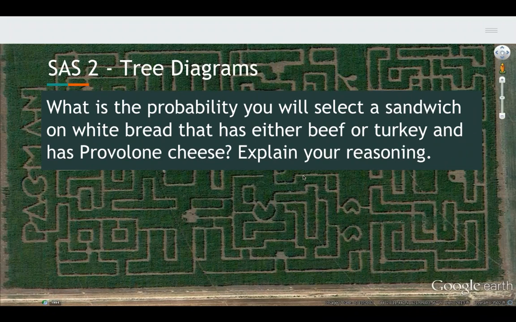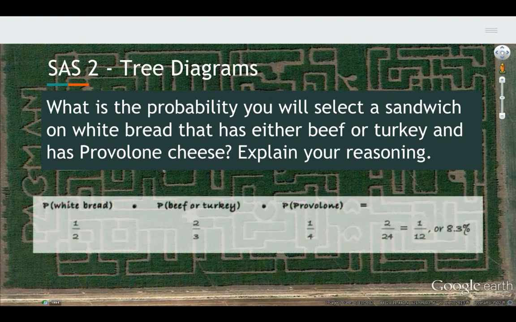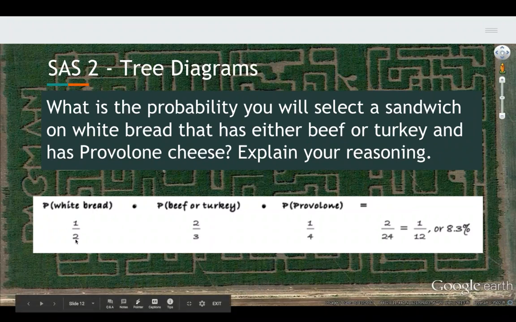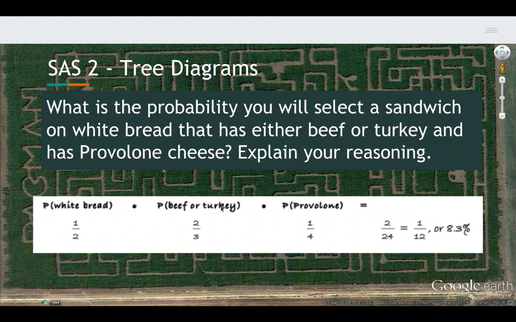What's the probability you'll select a sandwich on white bread that is either beef or turkey and has provolone cheese? In other words, we're going to select one that does not have the other selection, ham, and only provolone. So white bread, there's only one of the 2. There's white or wheat, so it's one of the 2. We chose white. Beef or turkey, not ham, is 2 of 3.